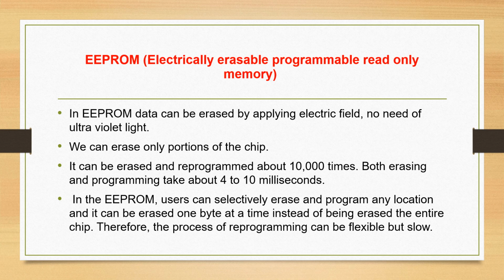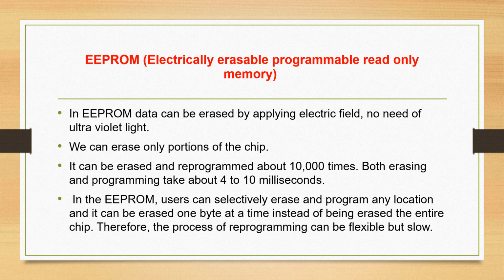Here we are not using ultraviolet rays. Here we can erase only a portion of the chip. In erasable programmable read-only memory, we erase all the data in the chip, but in this type, we can erase only a portion of the data.